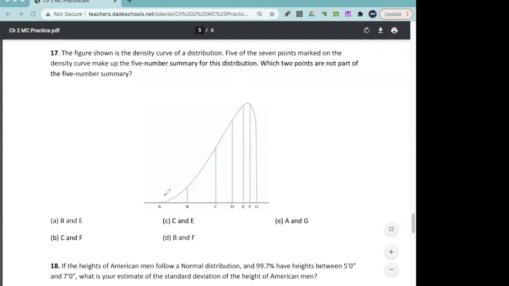Okay, let's look at number 17 for a second. So A is the minimum, G is the max. The median should split the area about in half, and I'm going to go with D for the median. And then from the median, E seems like it might be the third quartile because it's kind of evenly split. And that's the median.